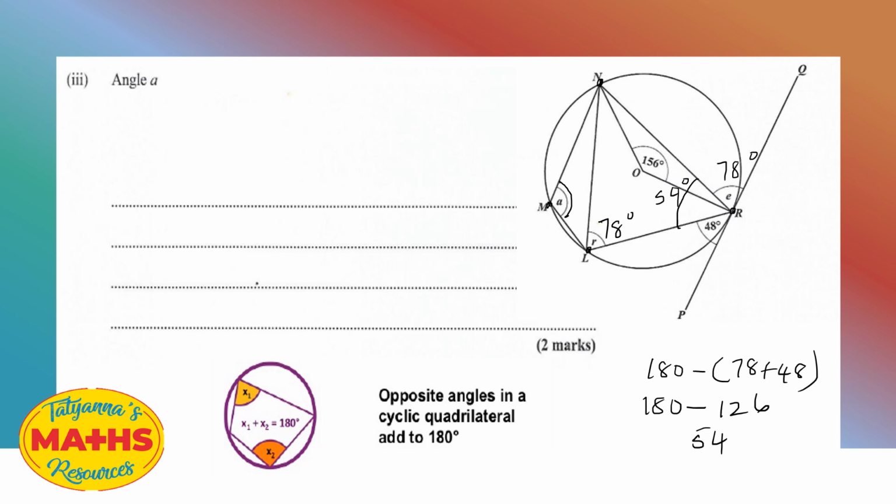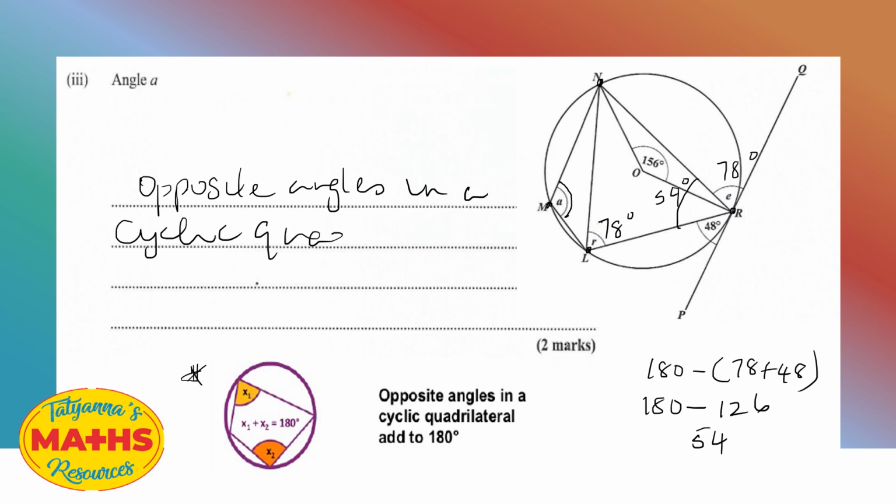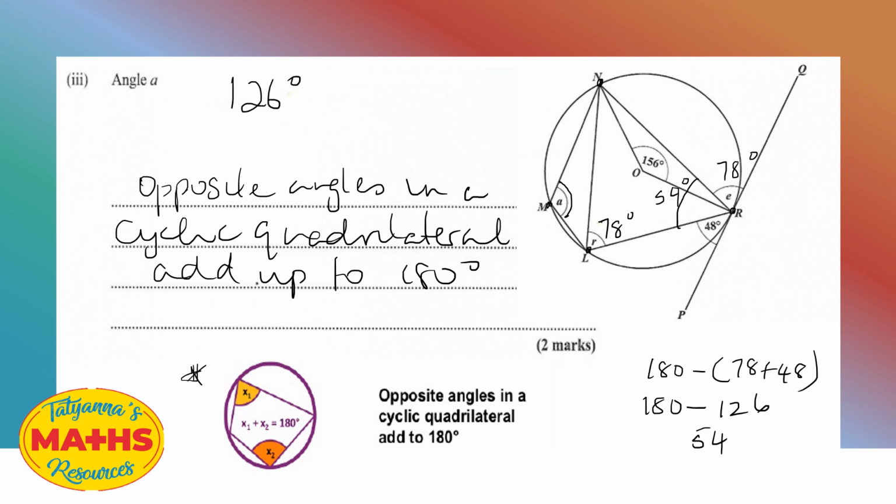So here's the rule: opposite angles in a cyclic quadrilateral add up to 180 degrees. So this is going to be 126 degrees. That's the answer. So 54 plus 126 will give you 180 degrees.